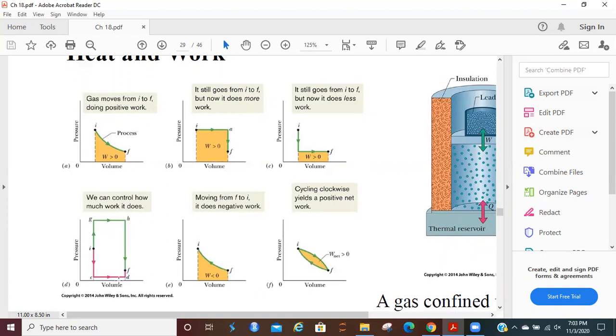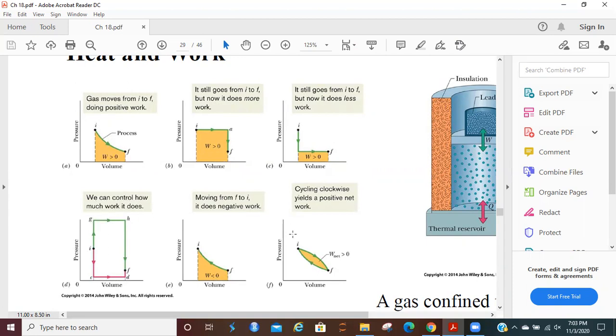Now, we can control how much work is going to be done depending on what sort of path we wish to take. If we are to move from F to I, we are considering that the system has done negative work. You can't say that work is not being done by the system, but perhaps on the system.